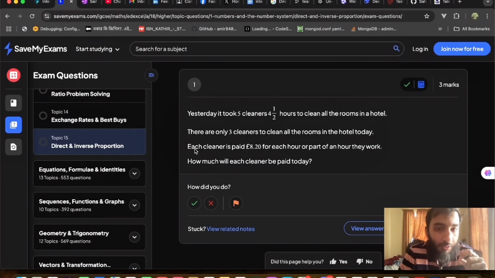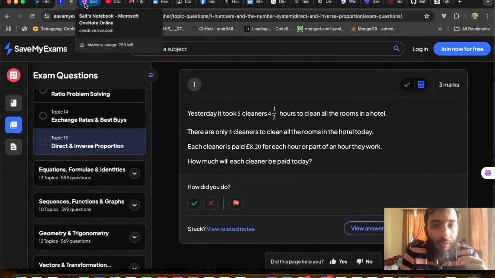The third piece of information is that each cleaner is paid 8.20 pounds for each hour or part of the hour they work. The question is, how much will each cleaner be paid today?